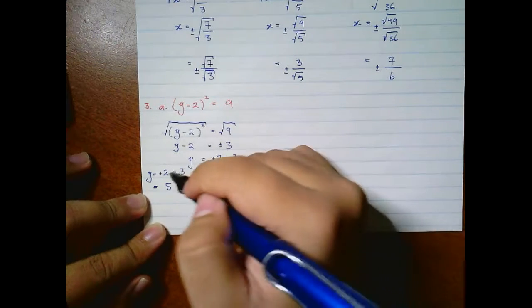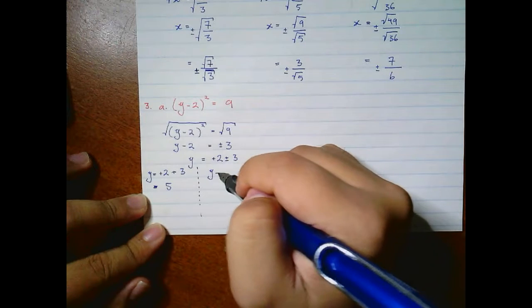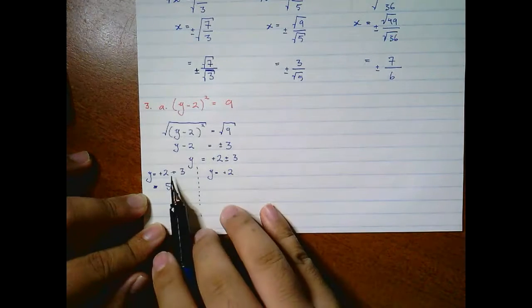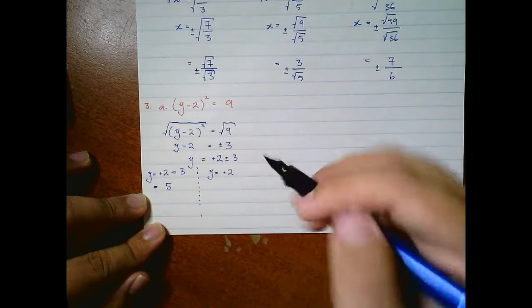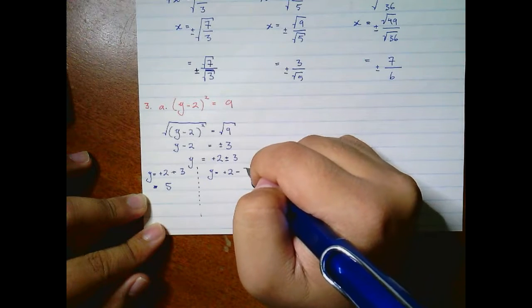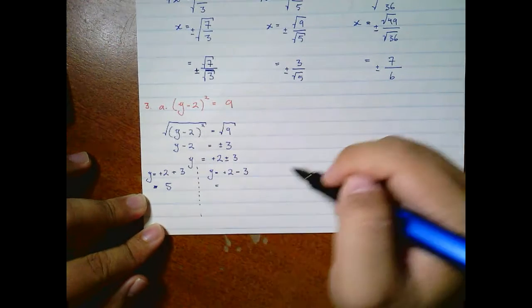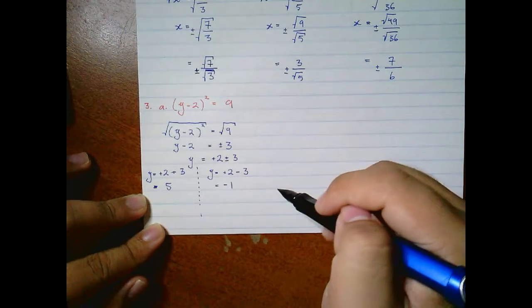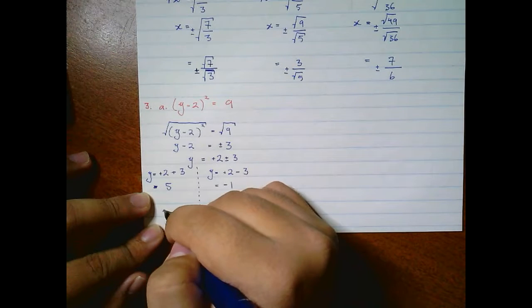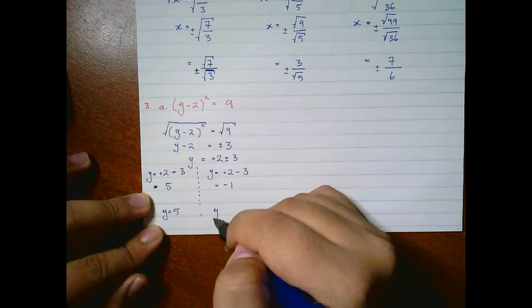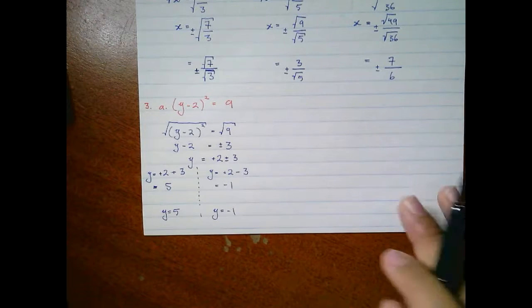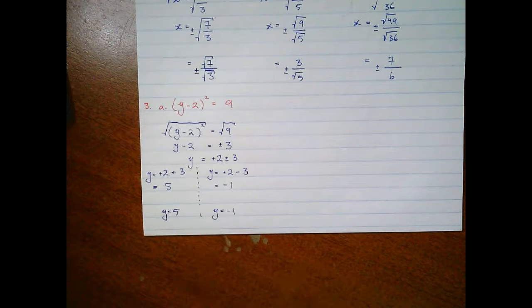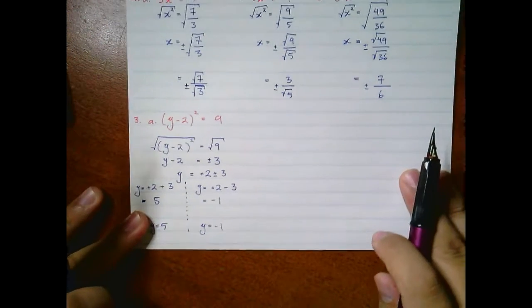Then for this one we get y equals that positive 2 again, but this time I'm going to take the negative, minus 3. So 2 minus 3 is negative 1. So we have y equals 5 and y equals negative 1. We have two solutions here, and this time they are very different solutions. Okay, so let's take a few more examples here.